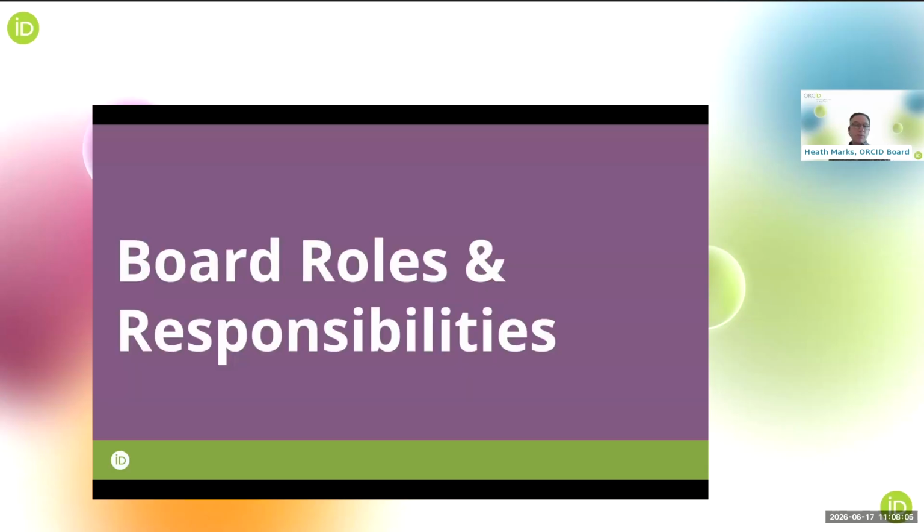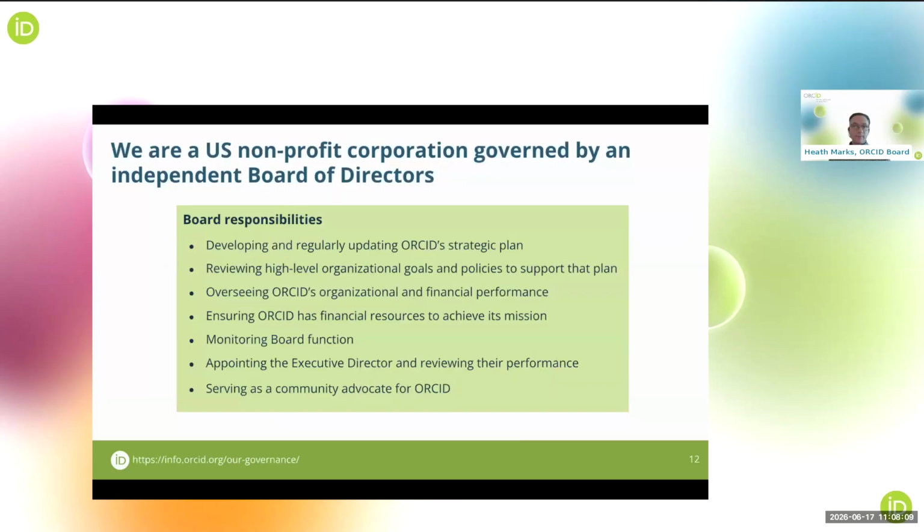So let's move on to board roles and responsibilities. As I mentioned before, ORCID is a US not-for-profit corporation governed by an independent board of directors, and these are the key board responsibilities. The first one is around developing and regularly updating the ORCID strategic plan. The next one is around reviewing high-level organizational goals and policies to support that plan.